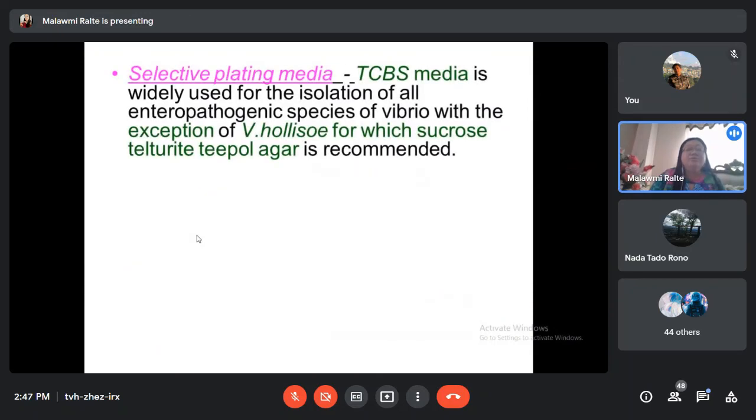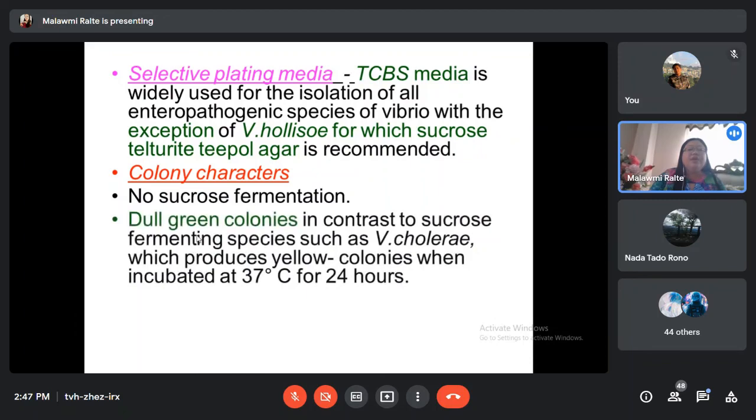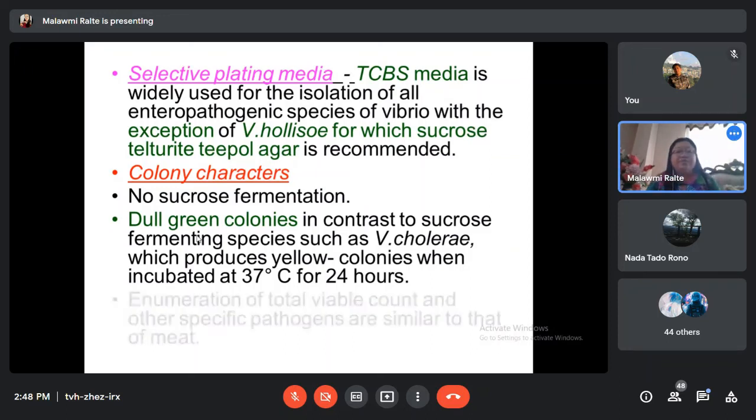As I've said, TCBS is a selective plating media for this organism. For colony characteristics, Vibrio parahaemolyticus shows no sucrose fermentation, so you will get dull green colonies, in contrast to sucrose fermenting species such as Vibrio cholerae, which produces yellow colonies when incubated at 37 degrees Celsius for 24 hours.